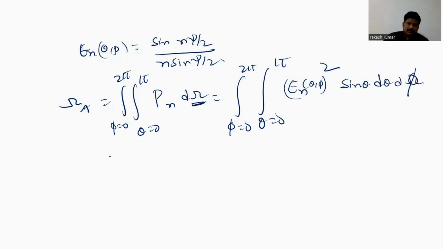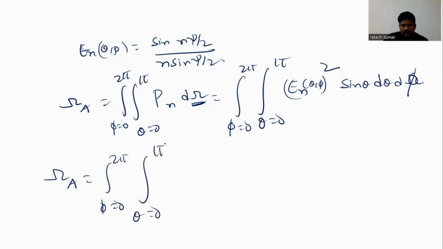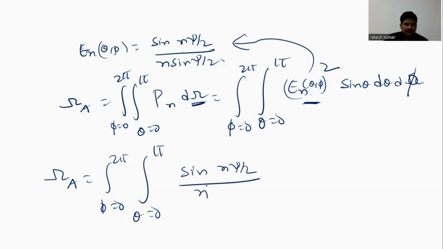So sigma A is equal to the double integral, phi from 0 to 2 pi, theta from 0 to pi, of (sine N psi by 2 by N sine psi by 2) whole square into sin theta d theta d phi.